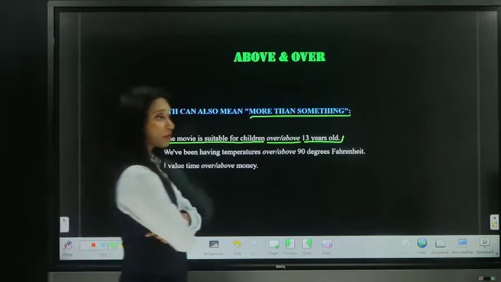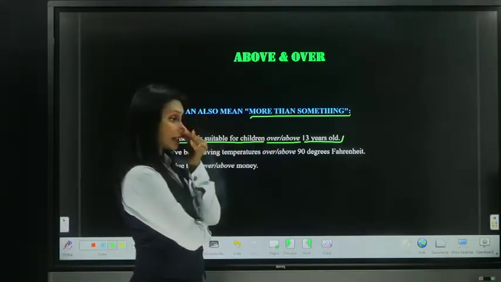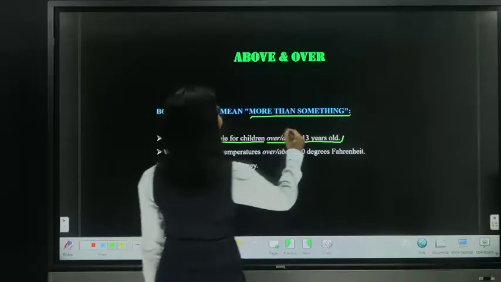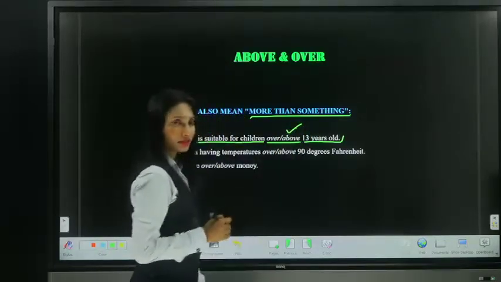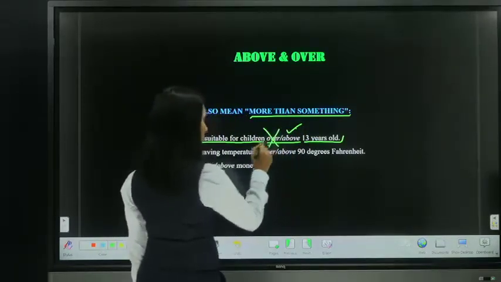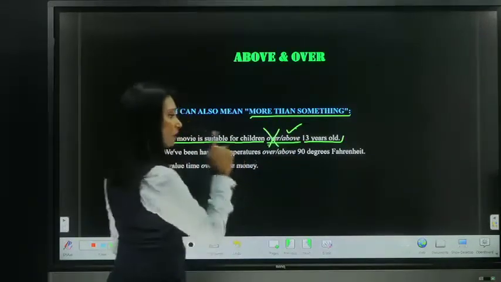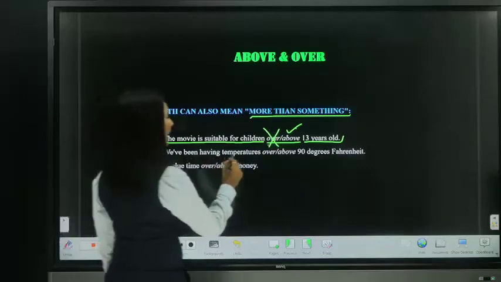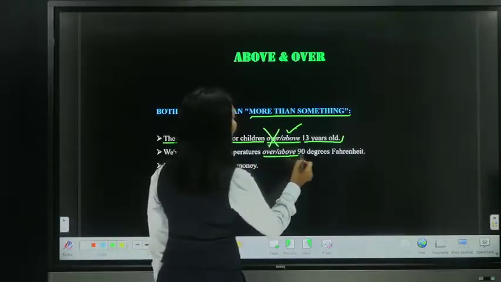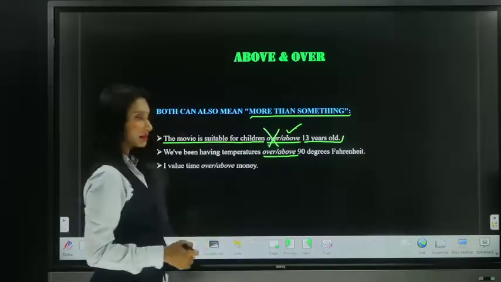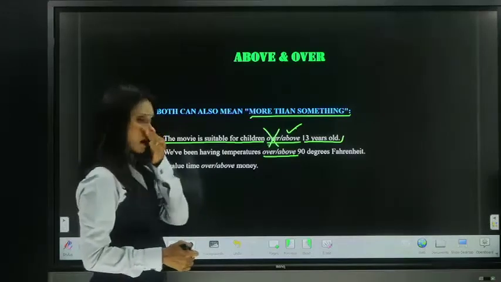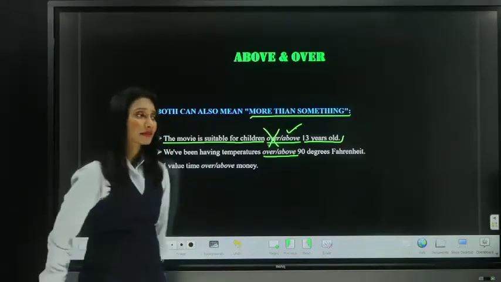See, the most appropriate, in fact, more appropriate one is above 13 years old. We do not use over 13 years old. More than something, above 13 years old. Now, look at this one. We have been having temperatures dash 90 degrees Fahrenheit. Now, choose one, above or over? Quick.